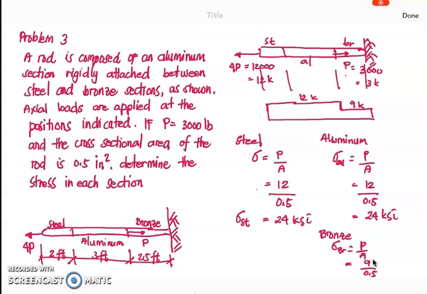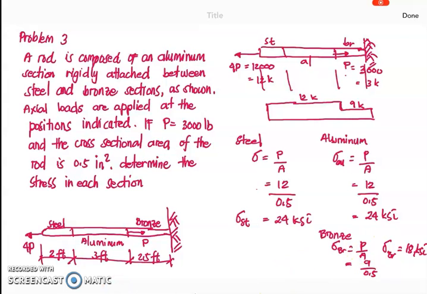So therefore, our stress on the bronze is equal to 18 ksi. So we have now the values for our stresses: for the steel and for the aluminum, 24 ksi, and for the bronze 18 ksi.